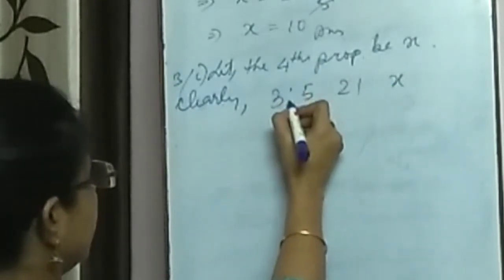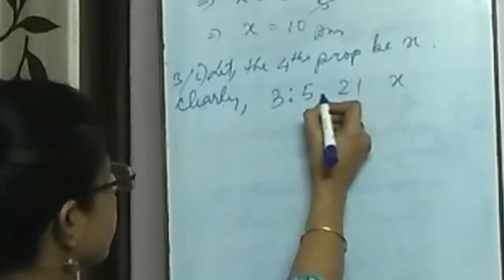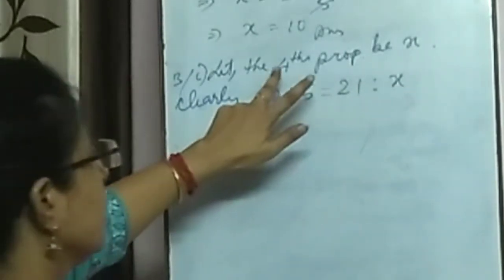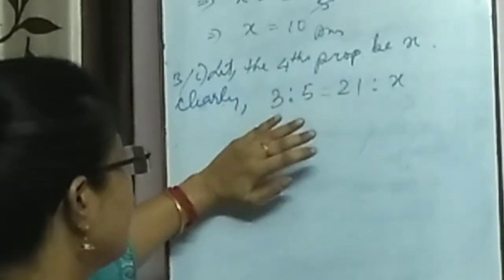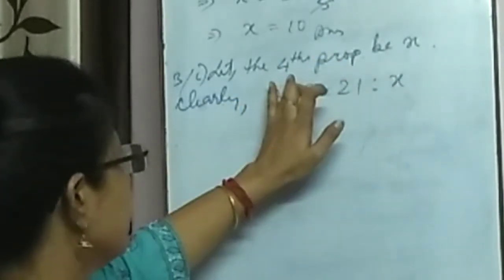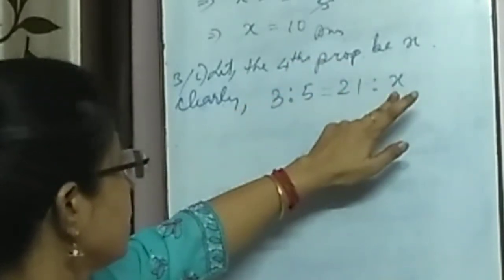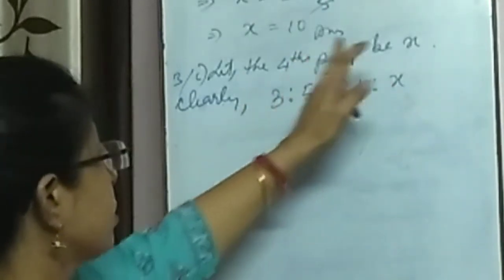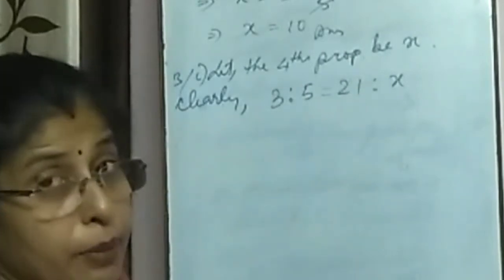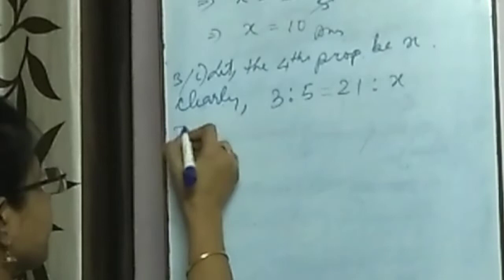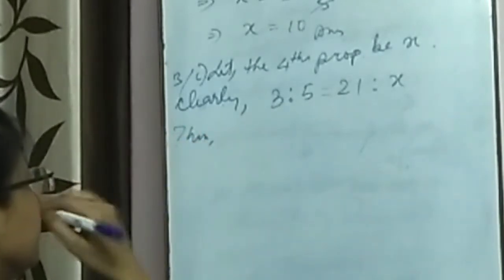Okay, then 3:5 is equal to 21:x. So always you have to place the quantity which is to be found in its own place. As it is fourth, you have to place it in the fourth position. If it were third, then you would place it in the third place, and other things are all the same.